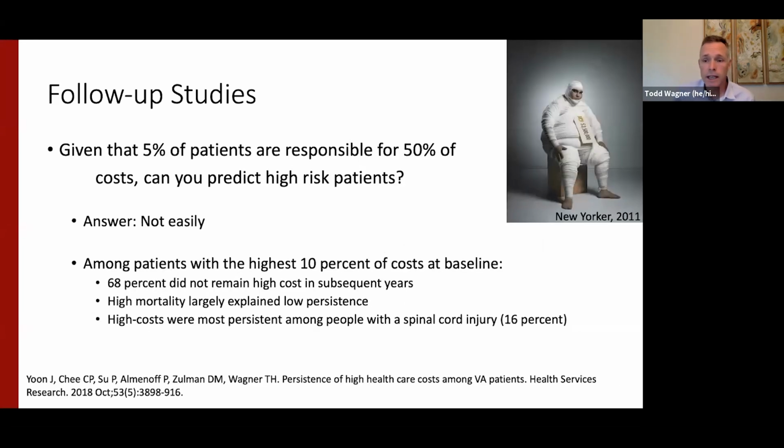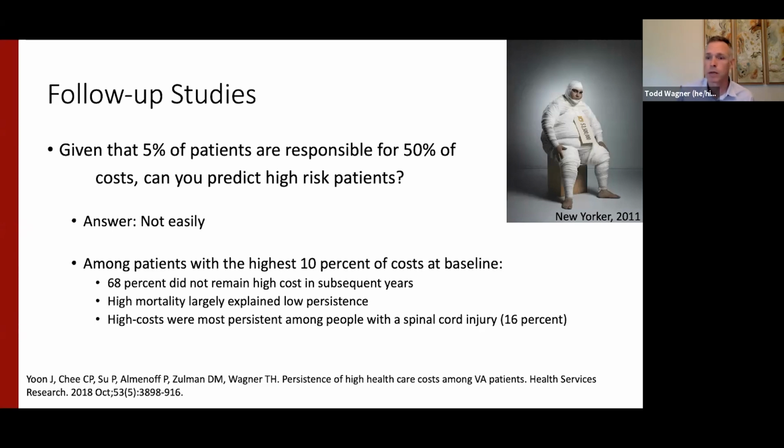The other one that we started looking at, this is the famous New Yorker article, now 10 years old. It's hard to believe, this question of, can you predict high risk, high cost patients? So keep in mind that about 5% of patients are responsible for 50% of spending. And we found that you can't easily predict high cost patients. Jean Yoon, a colleague of mine, did a study showing that the highest 10% of costs at baseline just don't stay high cost year in, year out.